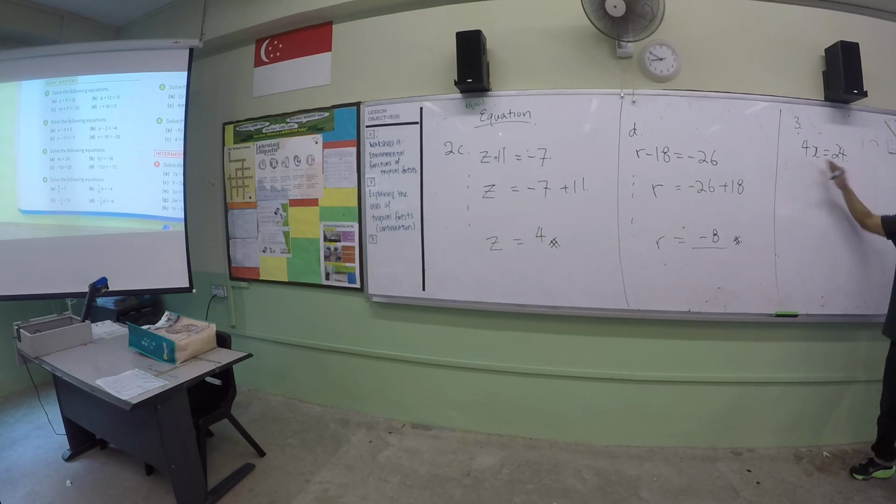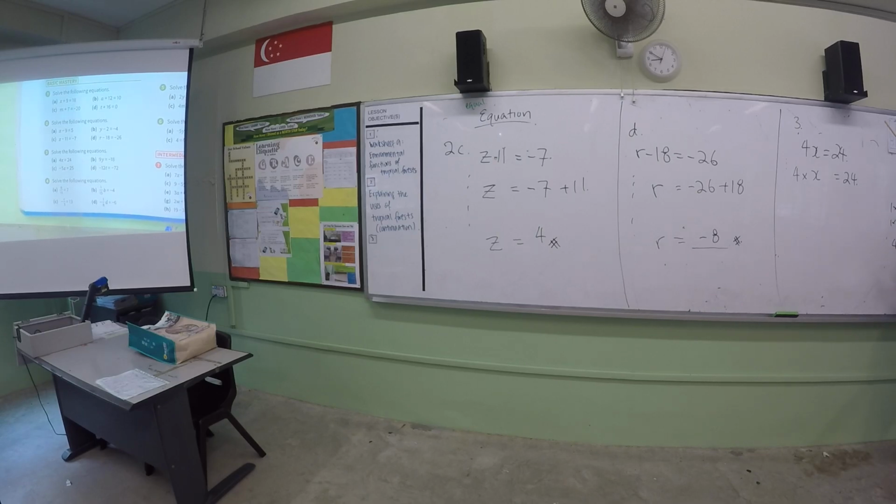What this equation means is 4 multiplied by x must be the same as 24. So if we know our time table very well, 1 times 1 equals to 1, 1 times 2 equals to 2, 4 times something equals to 24, we can straight away deduce that x must be equals to 6.